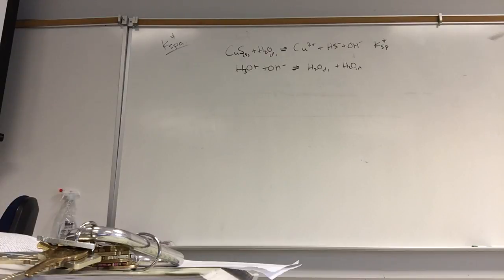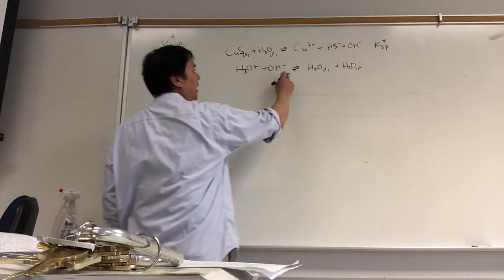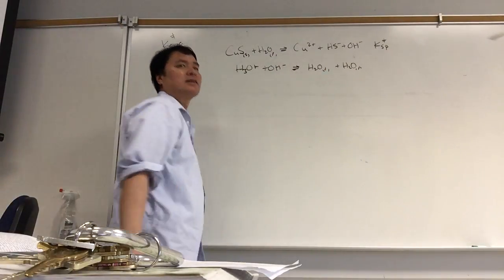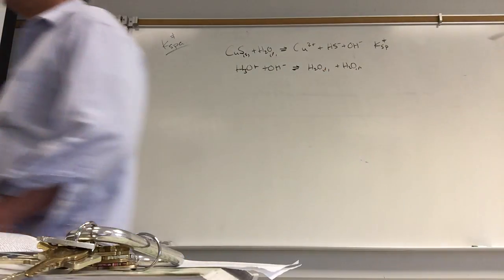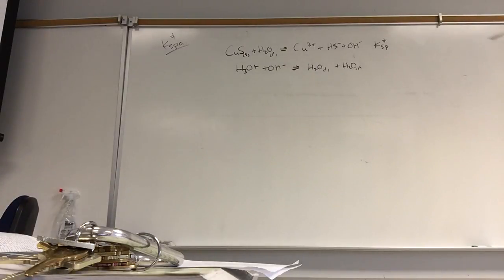HS minus is very weak, isn't it? Weaker than water. Not extremely weak. But that's as an acid, right? I made a mistake. I shouldn't look at HS minus as an acid. I should look at HS minus as a base.